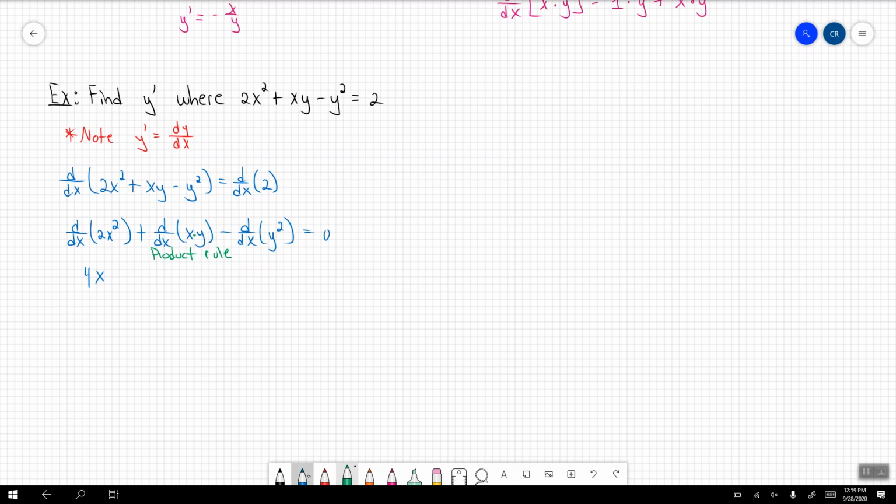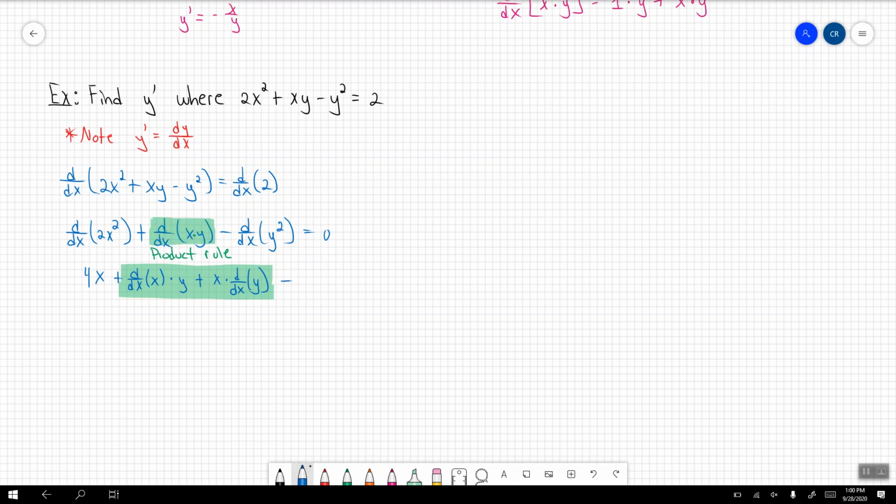So here we need to use the product rule, which will be the derivative with respect to x of the first function x multiplied by the second function y, plus the first function x multiplied by the derivative of the second function, which is y prime. And I'll highlight this to say that this is the derivative that uses the product rule. Awesome.